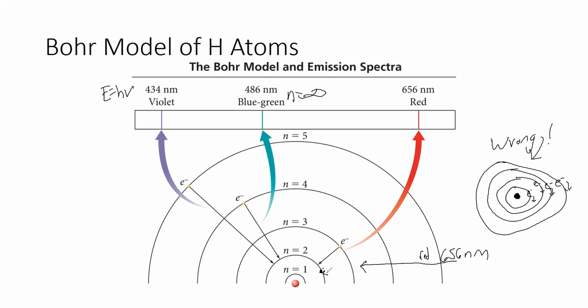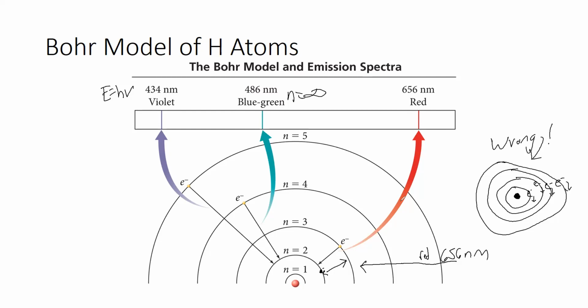That electron will absorb that energy and use it to jump to the third level, right? Which is shown here. And then it will hang out in the third energy level, and eventually it will spontaneously fall back to the second energy level. When it does that, it releases the same energy of light back.